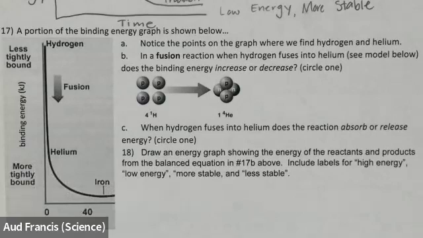So for 17A, go ahead and notice the points on the graph where we find hydrogen and helium. Take a moment, notice them, appreciate them, pay them a compliment, whatever makes you happy. But there's nothing you actually have to do. For B, we're looking at the model of this reaction, which is kind of interesting to take a peek at. In a fusion reaction where hydrogen fuses into helium, see the model below, is the binding energy increasing or decreasing?